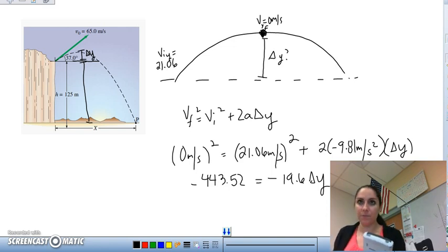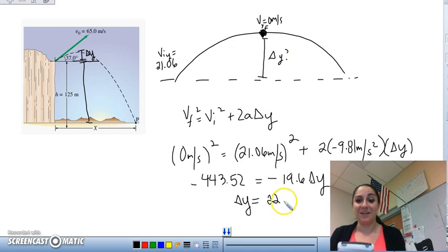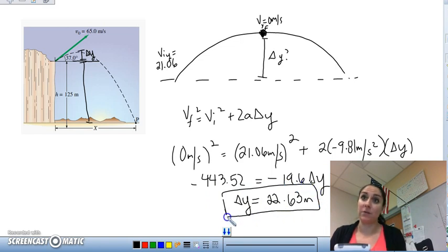According to this, we got delta y positive, good. That means we went up. That's a good sign. This is not the official end of the problem yet. We just found how high we went right here. This is the 22.63, or in other words, this part right here.